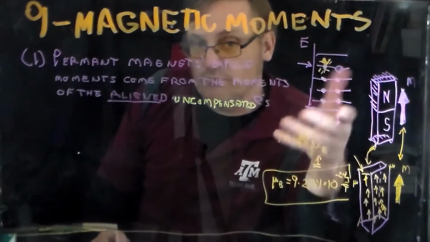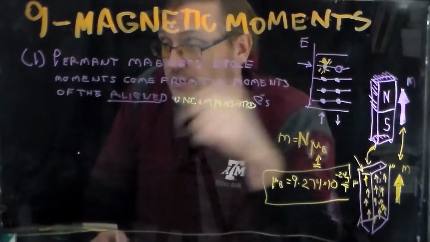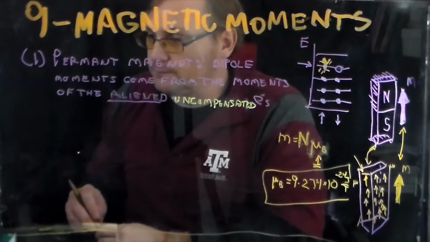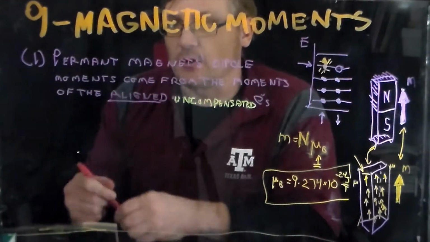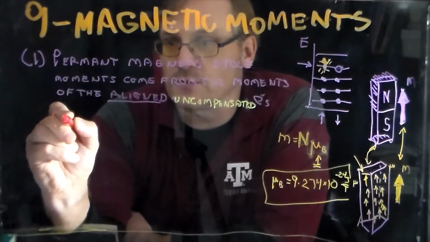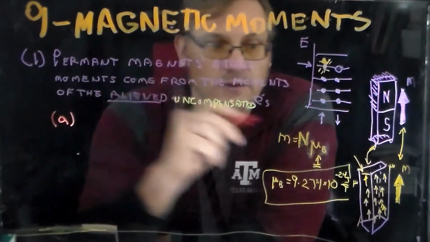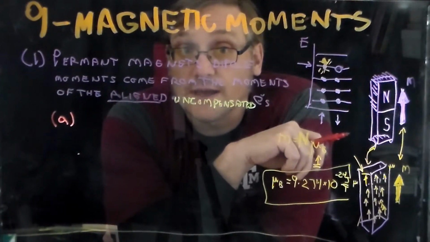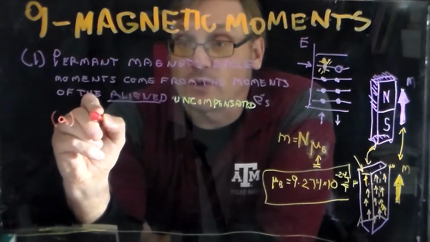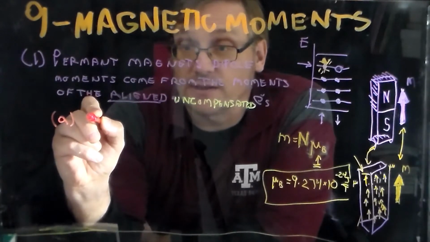So that's it. I mean, that's basically all you do. So then we say, okay, we have another way of talking about this, which is each material has a density of atoms, right? So we can talk about the volume average moment called the magnetization.